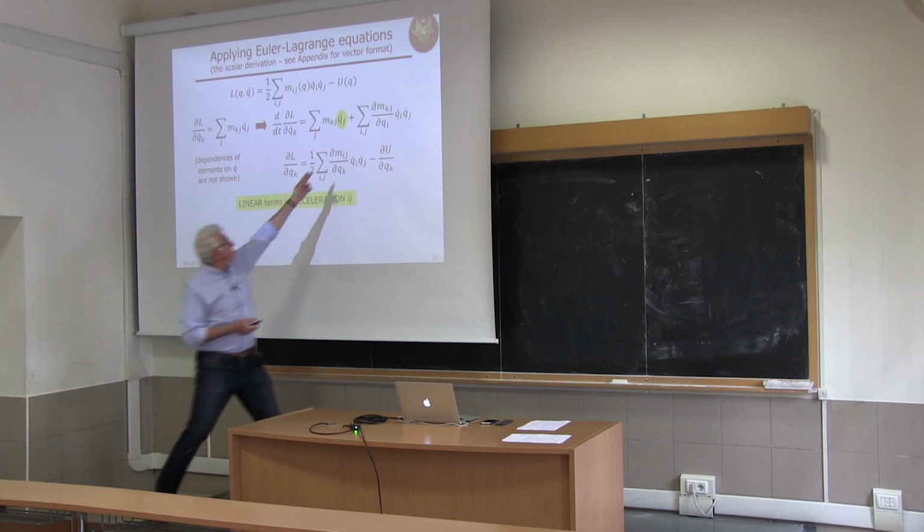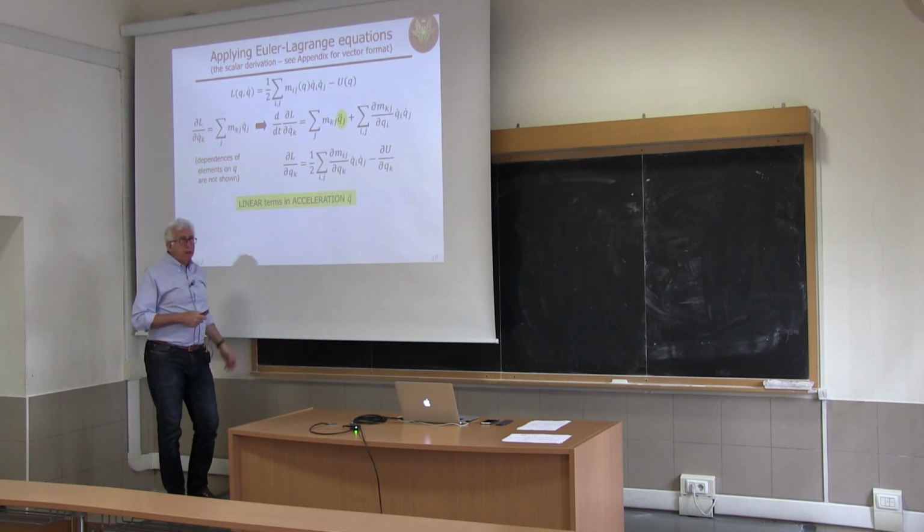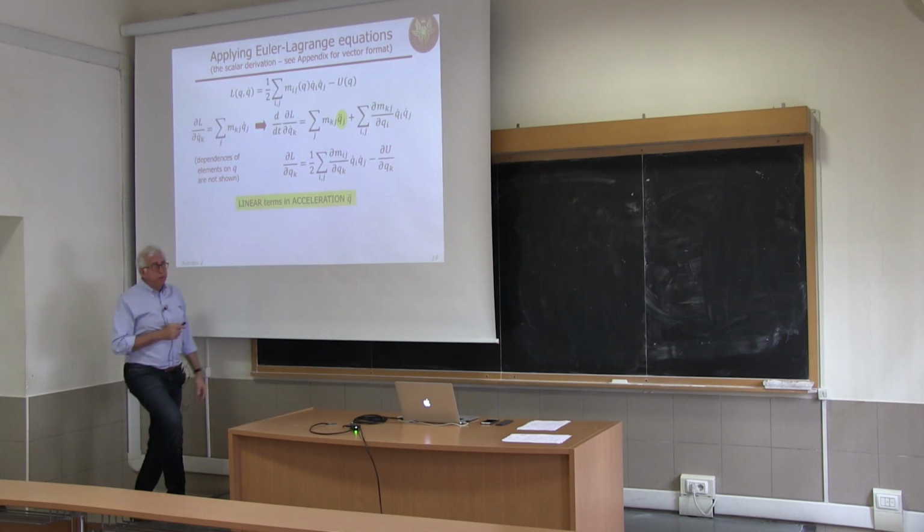The acceleration appears only here, pre-multiplied by elements of the inertia matrix, in the kth equation by the kth row of the inertia matrix M(q). So the model will be linear in the acceleration q double dot.